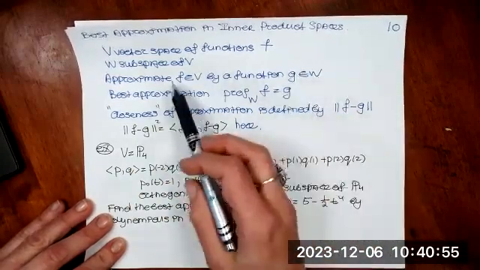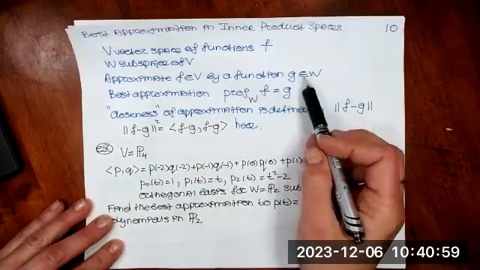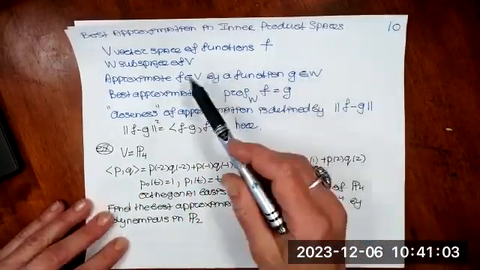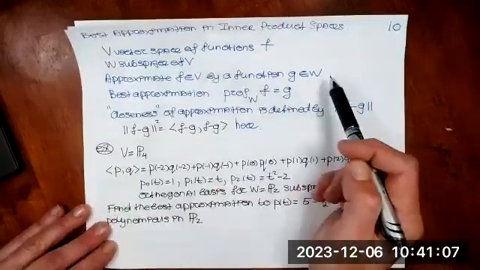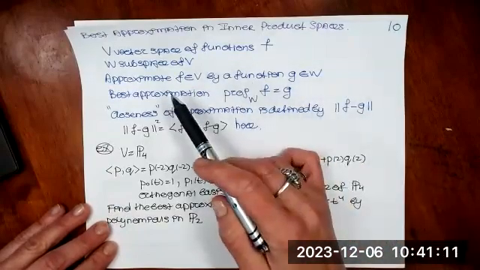So maybe function f is like sine or cosine, and my W is just the space of polynomials. Can I approximate sine or cosine or some more complicated functions just by polynomials? And if I do, what is my best approximation with the polynomials for that function?